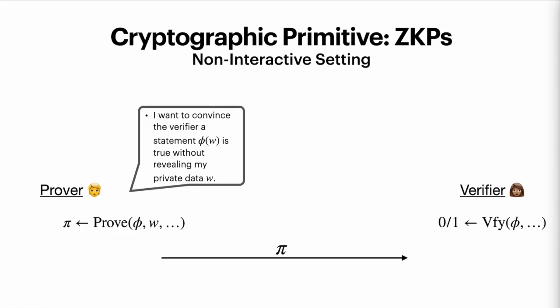If you've heard of Fiat-Shamir, that's one way to do that transformation. The non-interactive setting is a lot nicer because then you don't need to have this extended back and forth. You can publish a single artifact that can be verified by anyone, such that it's publicly verifiable.